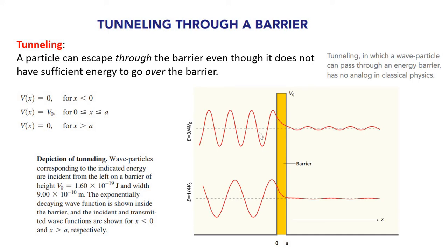Okay, and this barrier is slightly different from what I started with. Let us explain the structure of the box with the figure. Vx is 0 when x is less than 0. So for x less than 0, Vx is 0 outside, and for x greater than a, here also on the right hand side it is 0, and what is inside, that is between 0 and a, the second line, when x is between 0 and a, then it is V0.